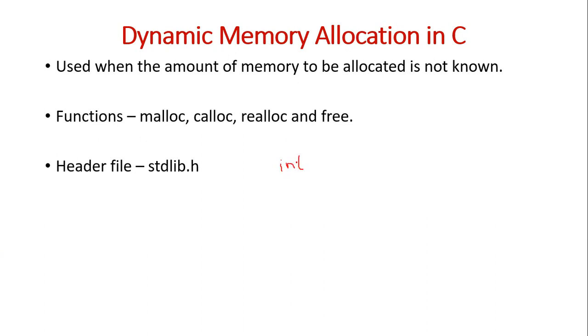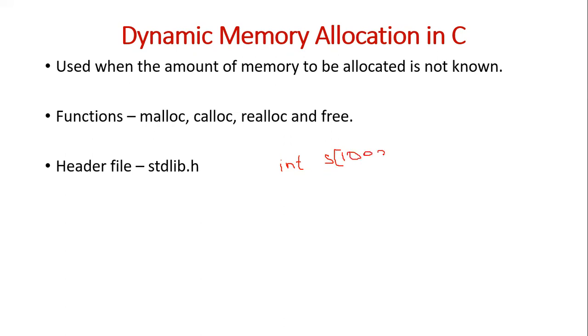The number of variables required may vary depending on the program flow. Sometimes it may require only 5 variables, sometimes 50, sometimes 500, or sometimes 1000 variables. To deal with that, you can declare an array of maximum size. So you may declare an array of size 10,000.